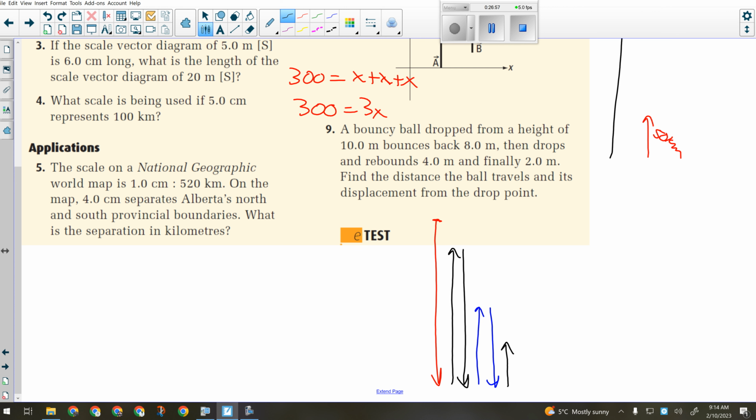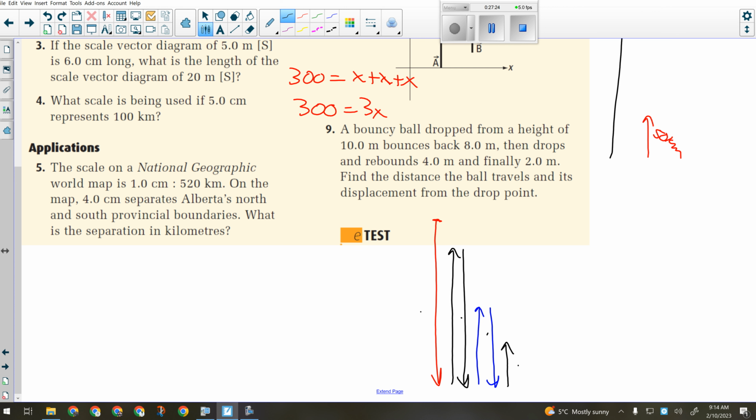So what's my total displacement? 8 meters, down. Now, what's my total distance? 10 plus 16 is 26, plus 8 more is 32, plus 2 more is 34, I think. We've got to go up and down.